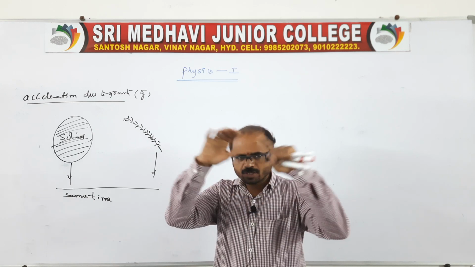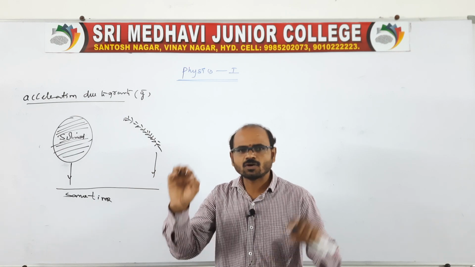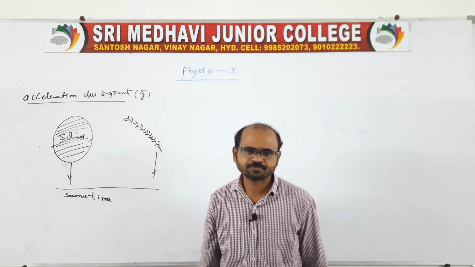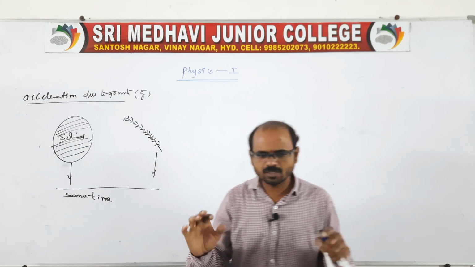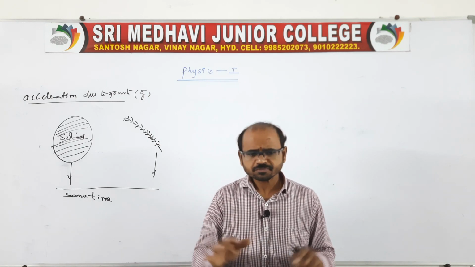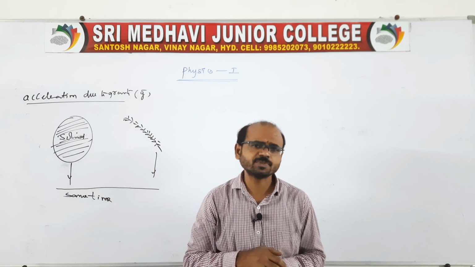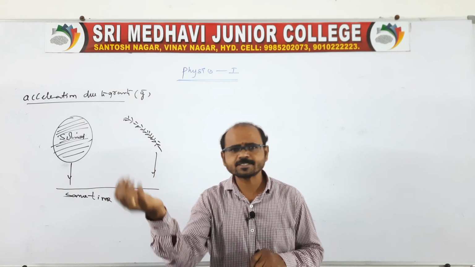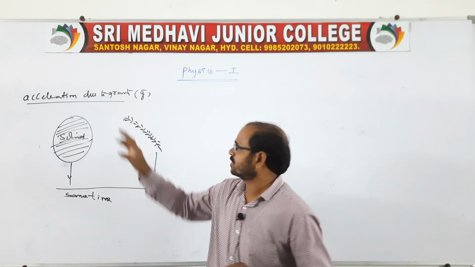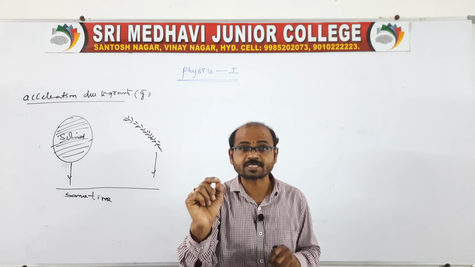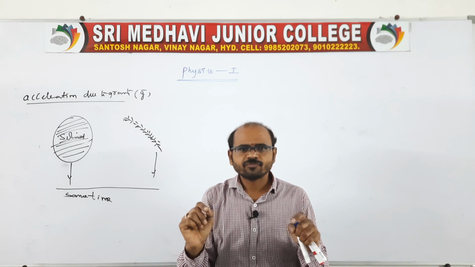On the earth's surface, the acceleration due to gravity acting on all bodies is the same at a given place. Now I am in the college. In this college, acceleration due to gravity is the same for all bodies. Of course, it changes from place to place. The value of acceleration due to gravity, small g, changes from place to place, but at a given place it is the same for all bodies. Suppose the bodies are a bench, a pen and a duster. For all of them, at this place, it is the same.